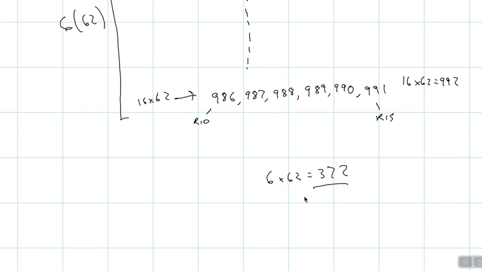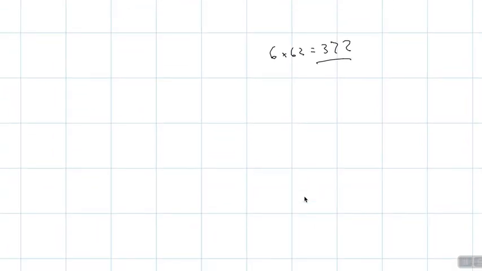A way we can get other representations that won't be numeric is if we look at 16 times 10 plus 0, which is 160.